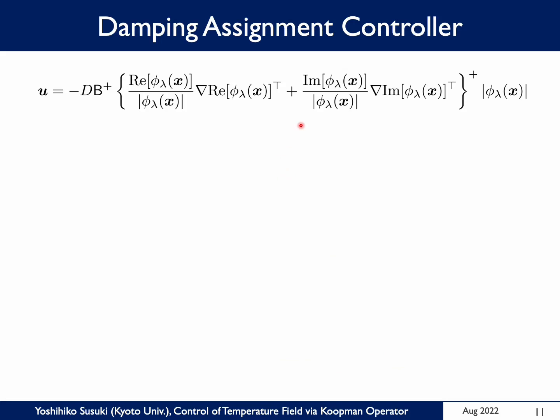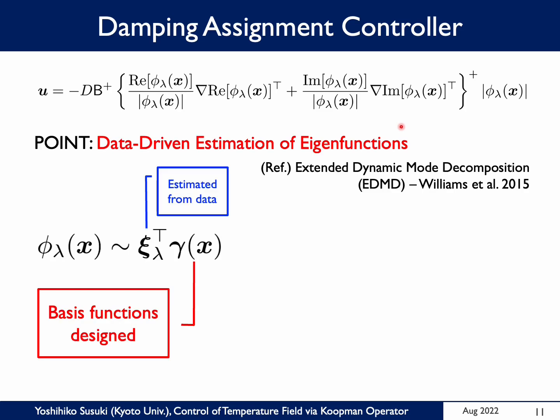Here is the damping assignment controller for our application. A crucial point of this control is how to estimate the Koopman eigenfunction phi lambda directly from data. There is a very famous algorithm, so-called extended dynamic mode decomposition, EDMD. In this, the eigenfunction is approximated as a linear sum of basis functions like this.